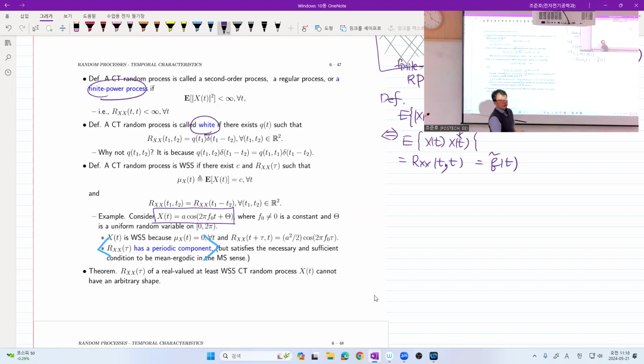And under certain conditions, if A is a random variable, and so on, sometimes you can show that this random process is strictly stationary. But anyway, in this case, it's not strictly stationary, it's wide-sense stationary. And it says a lot of things.